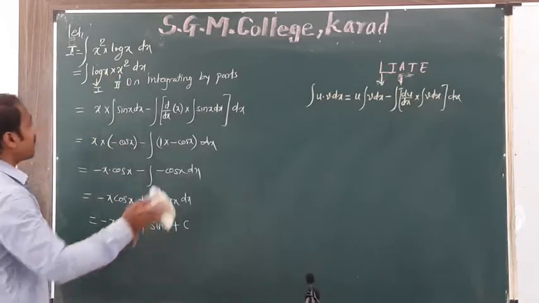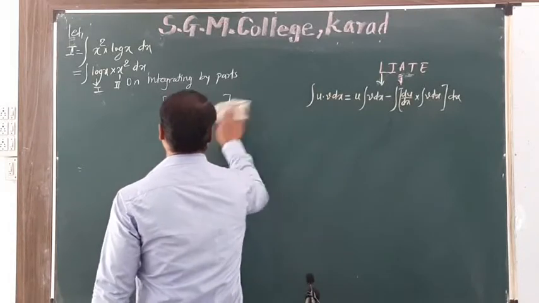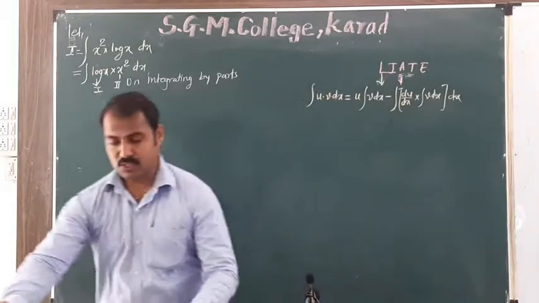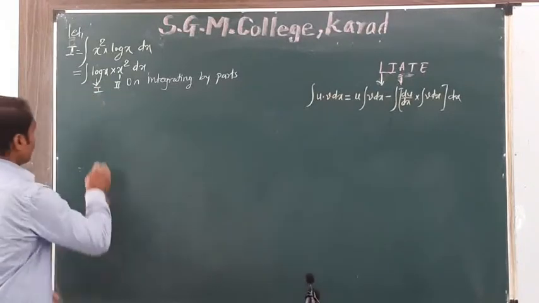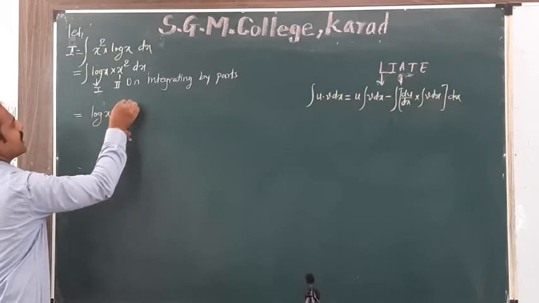On integrating by parts, here we use integration by parts since there is a product of two functions. First as it is, log x as it is, into integration of second.